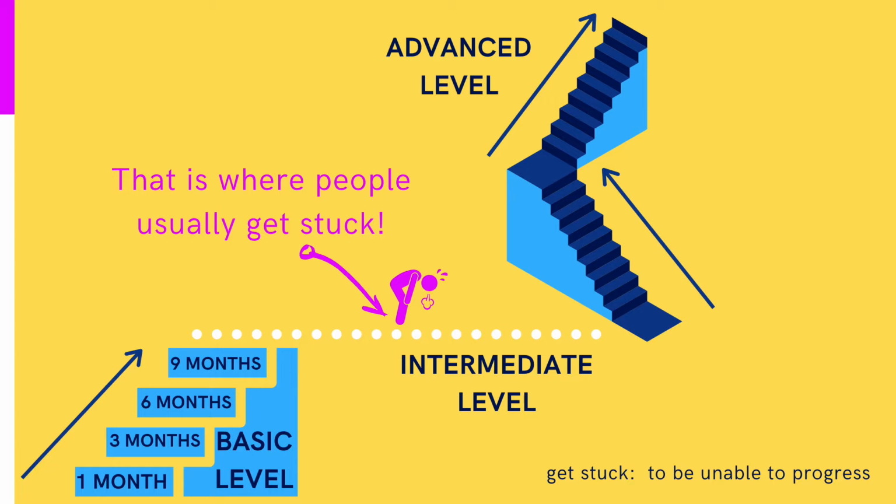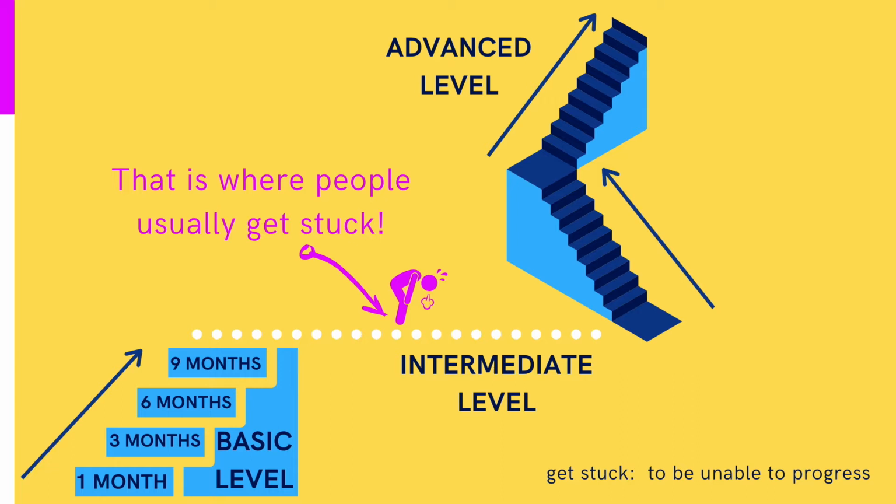So sometimes when you're in the basic level, you can see the progress kind of quick because you go from zero, right? Zero English, and you can actually notice every single month, wow, I am able to have a basic conversation.